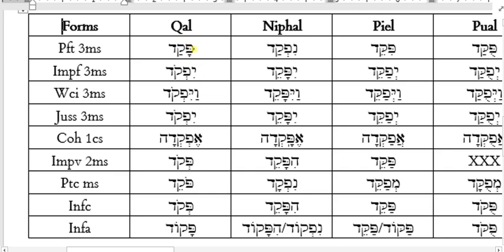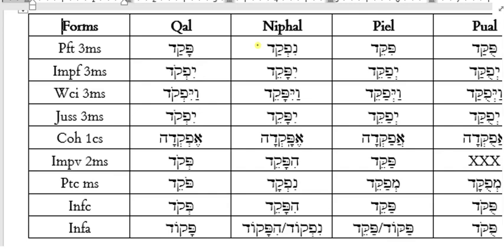The Niphal perfect and the Qal perfect will use the same personal endings. You already know them all. What you don't know is what prefixes are going to happen and which vowel points are going to happen. That's going to be something we learn with each stem. So what I'm trying to do is help you minimize the memorization process here.